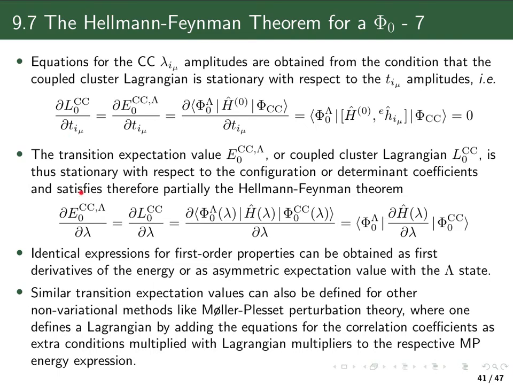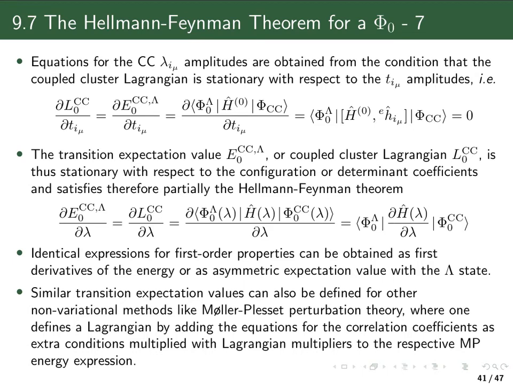And therefore we can now take the derivative of the energy with respect to the parameter lambda in the Hamiltonian, meaning the derivative of this coupled cluster Lagrangian, and it will turn out that this is then just the expectation value of the derivative of the Hamiltonian with respect to lambda.